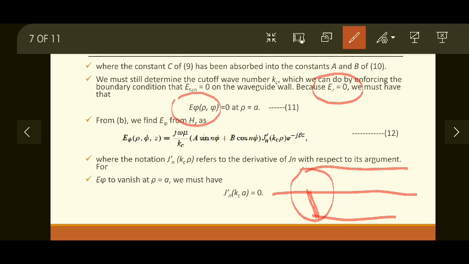When it is the radius, the angular component along the circumference will obviously be 0. So the boundary condition at rho equal to a is that E phi will be 0. That is, the angular component of the electric field will be 0 when the radial distance is equal to the radius. Again I am repeating, the angular component of the electric field will be 0 at a radial distance equal to the radius a of the circular waveguide.